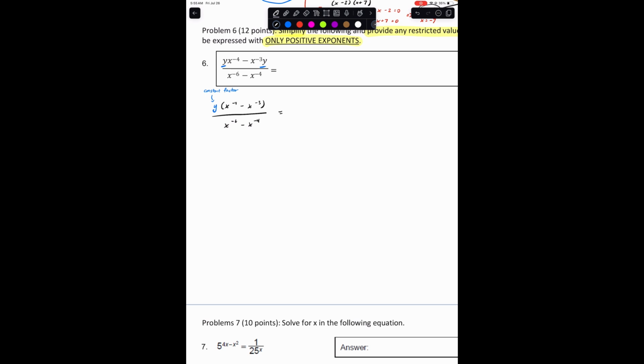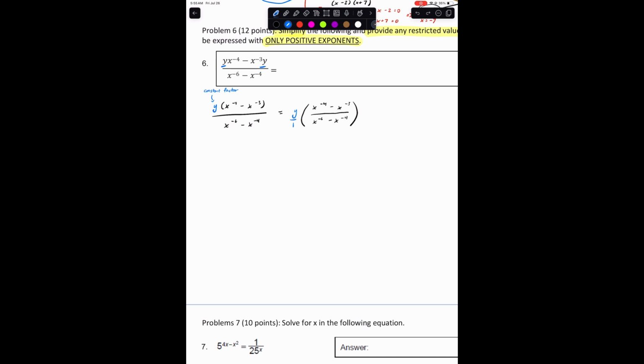So I'm going to write y on the outside like this, and then my fraction: x to the negative 4 minus x to the negative 3 over x to the negative 6 minus x to the negative 4. This way I can deal with just a fraction and not worry about the y interfering. But if you multiply these together, this y, which is like y over 1, will go on top and give me the original back again.